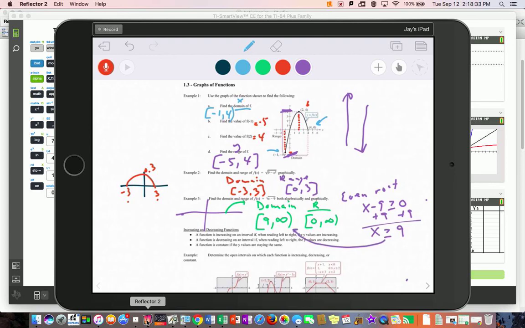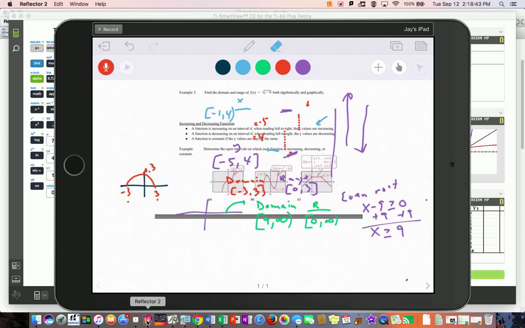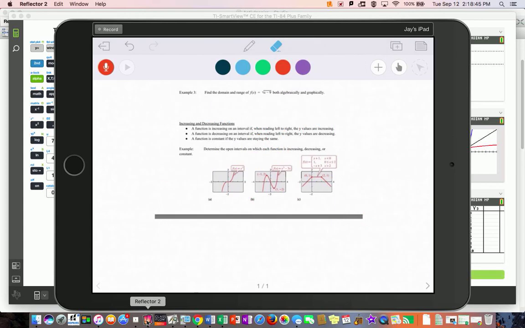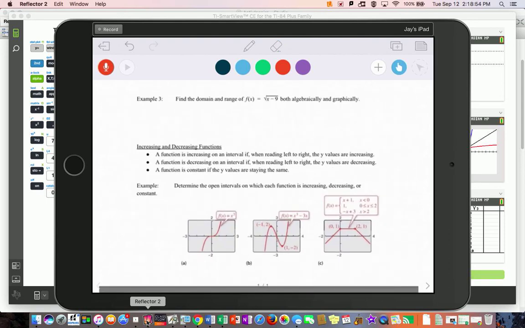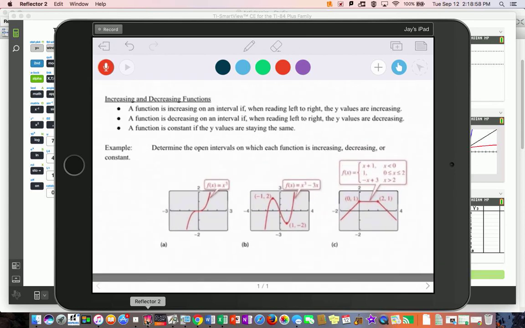So the last part of this problem will be determining where it's increasing or decreasing. And so what I like to do is go ahead and look left to right at what's happening.